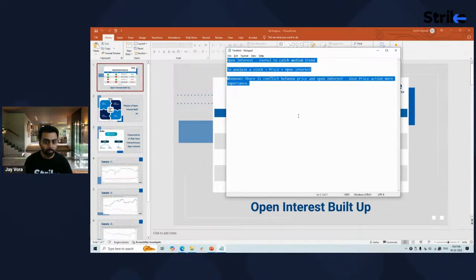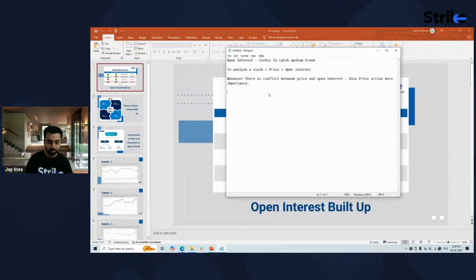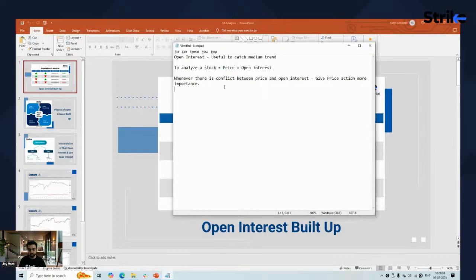This is something I want you to understand, because just like other indicators, open interest is also one such indicator. You can consider this as, say, RSI. Whenever there is a positive divergence or negative divergence, we give a lot more focus to the price action, and when price changes, you will see that negative divergence or positive divergence playing out.